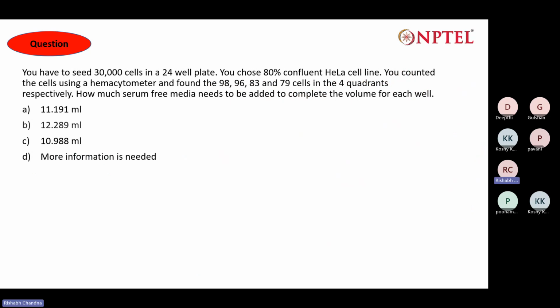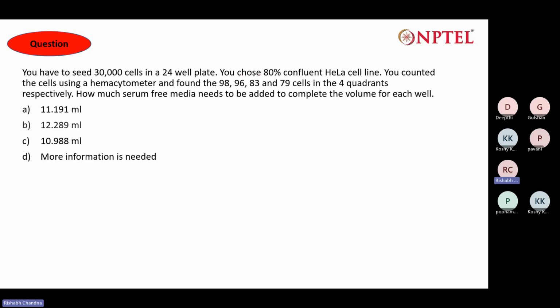It's a calculation-based question that we use in our cell culture facility almost every day. We need to seed 30,000 cells in a 24 well plate. You chose an 80% confluent HeLa cell line, so you have to seed HeLa cells in that 24 well plate.